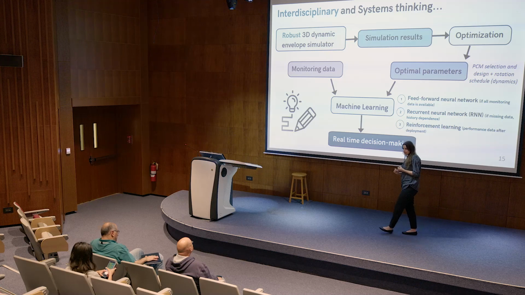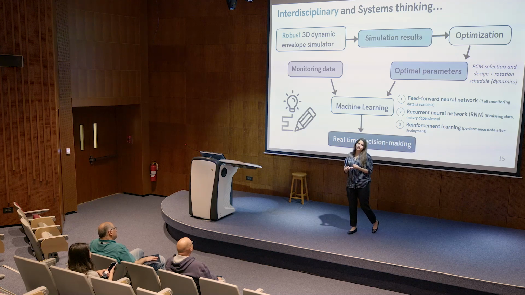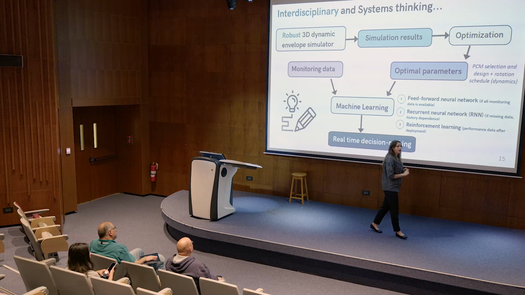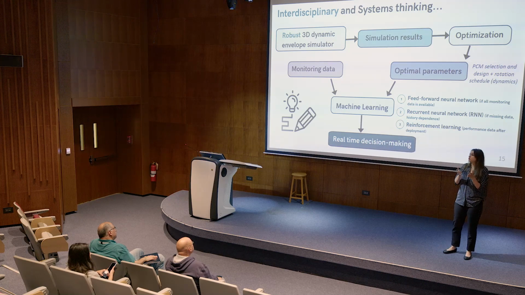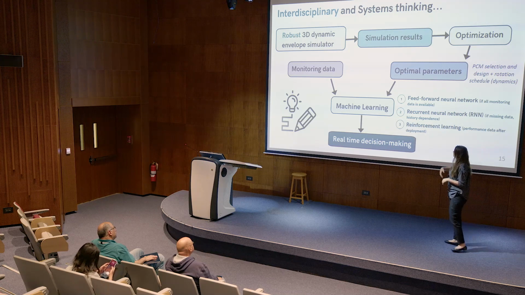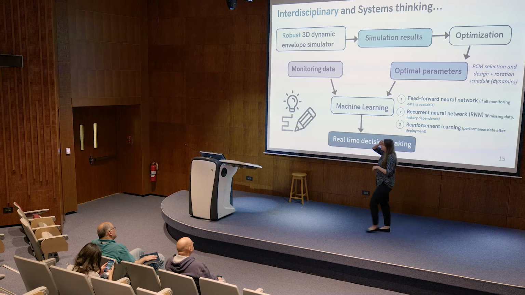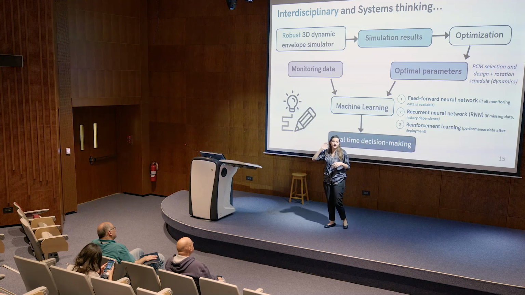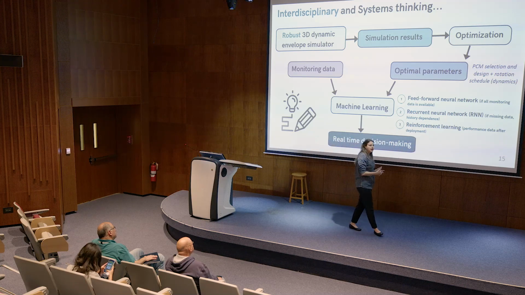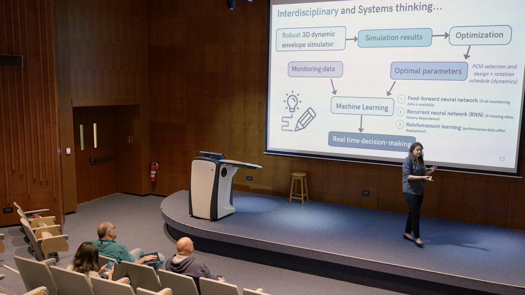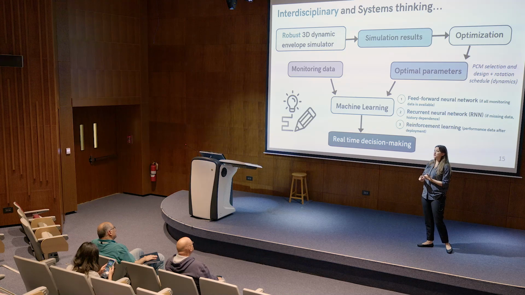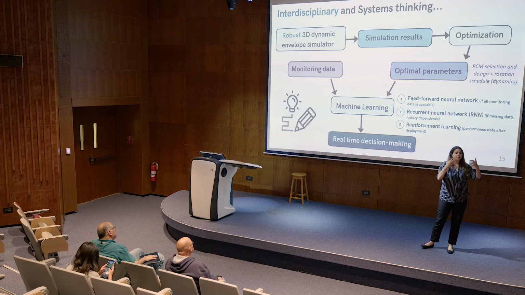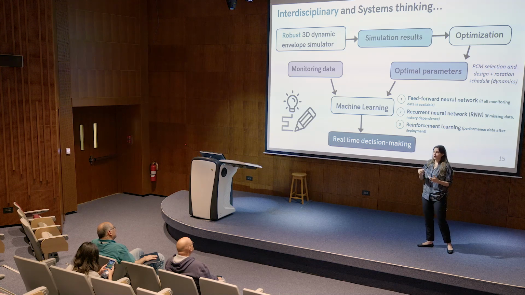We have to understand what conditions would allow an optimal rotation schedule for the system. And that is where we built a team of different researchers who work on developing, of course, the simulator, where we can generate a lot of data and optimize on 2 levels. What are the optimal phase change materials? And the second one, what could be the optimal schedule to get the most out of the system?